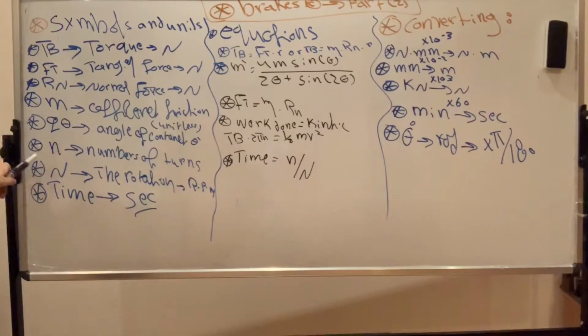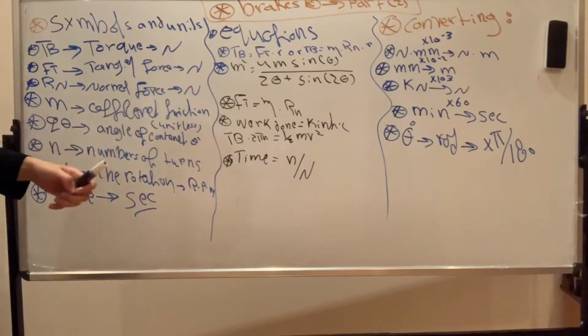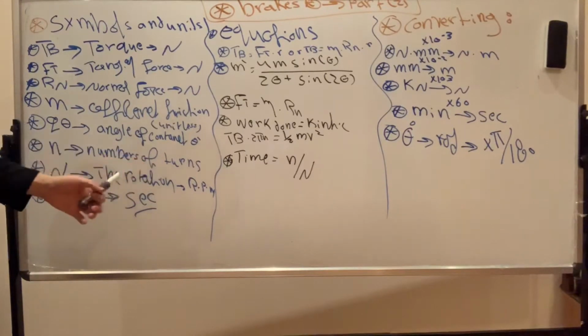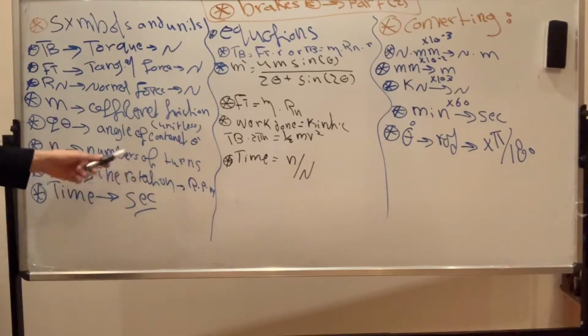N small. Actually, just focus here. You must distinguish between the small n and the capital N. The small n is the number of turns. So just focus on the turns. The turns have no unit, you just write 5 turns, 6 turns. The capital N is the rotation.